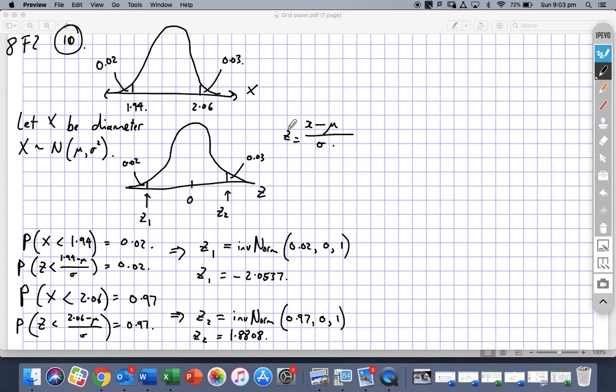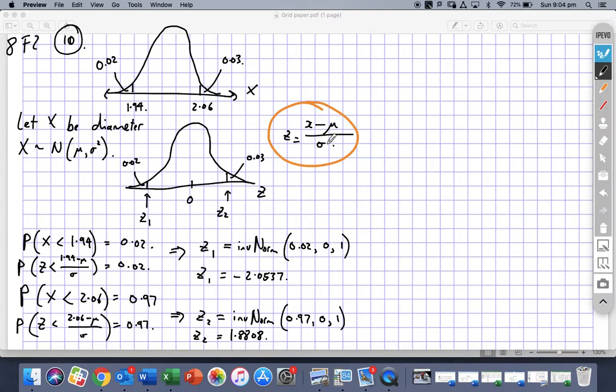Okay, and we can use this magic formula. It's not magic, it's quite simple. We've discussed it in class. To now solve, all right, for mean and standard deviation. Basically, it's just simultaneous equations from here.